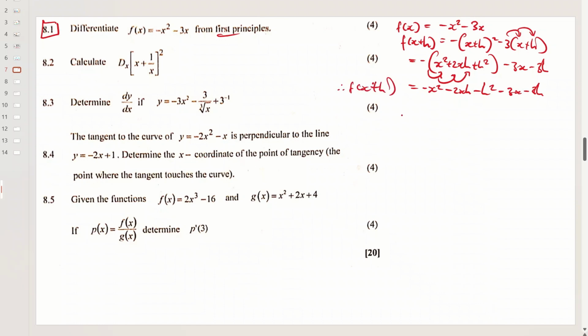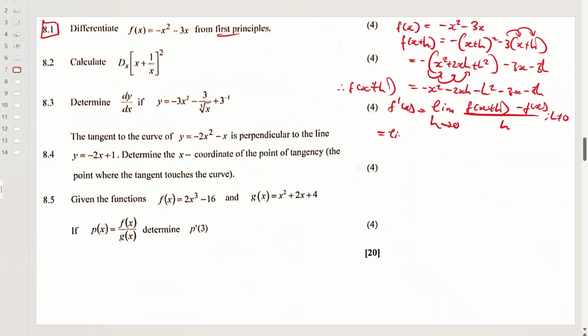Guys, so what's the next step? The next step is to write down the first principle. So the limit as h approaches 0 of f at x plus h minus f of x, everything divided by h, where h cannot be 0.